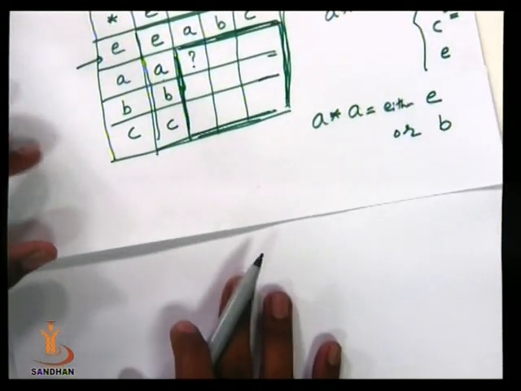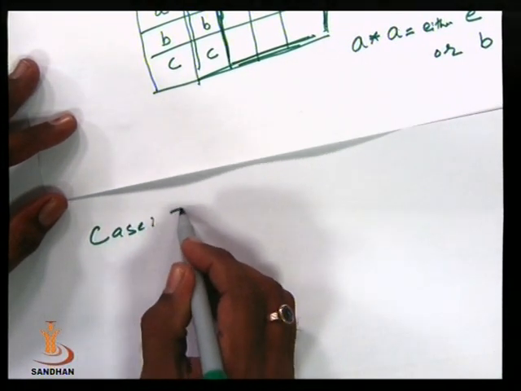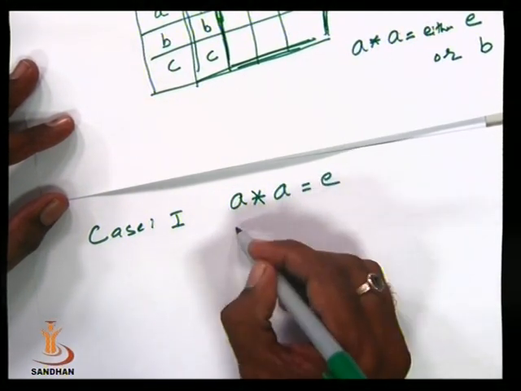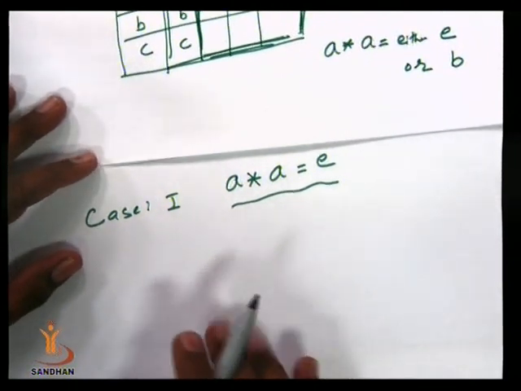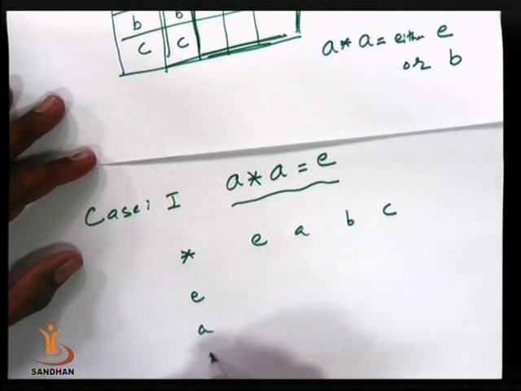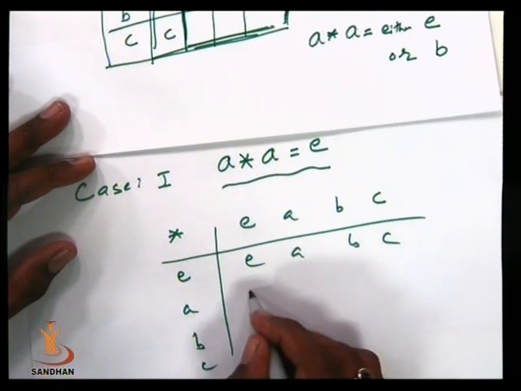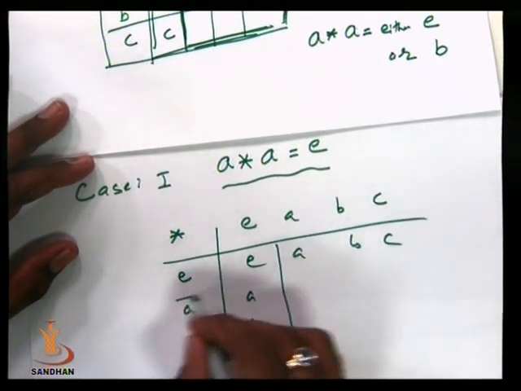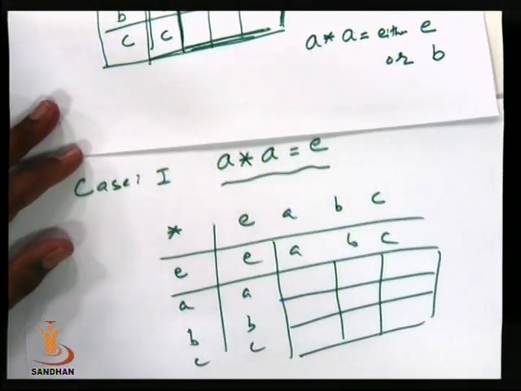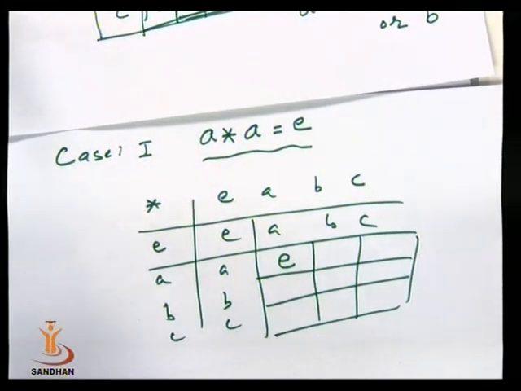Let us consider the first case. Case 1: let us assume A star A is equal to identity. What happens in this case? These are the important parts which we have to fill up.